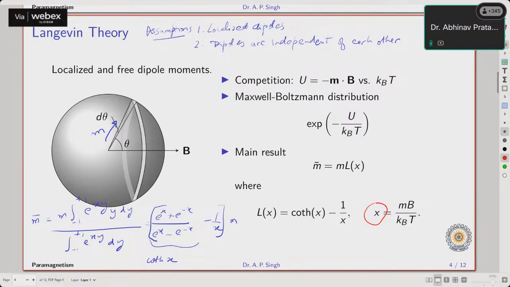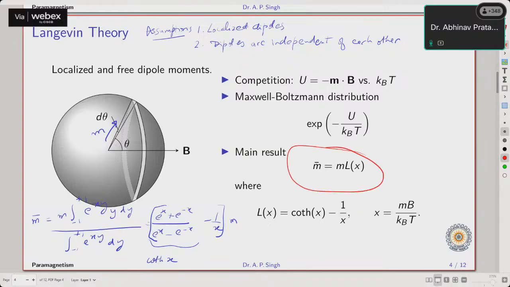If x is large, that means you can expect higher order. Higher order means that more and more dipoles will start to align along the magnetic field. But if the value of x is small, then the dipoles will be pointing in all sorts of random directions. So that is what x tells you: how much order you can expect inside the system.